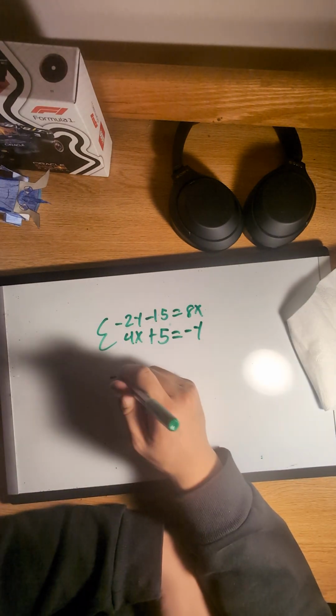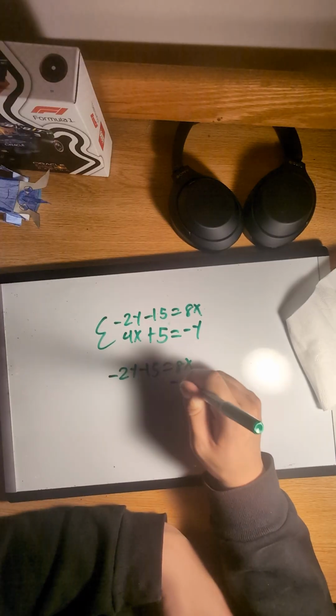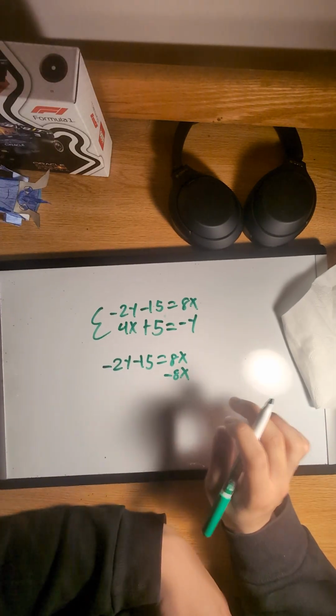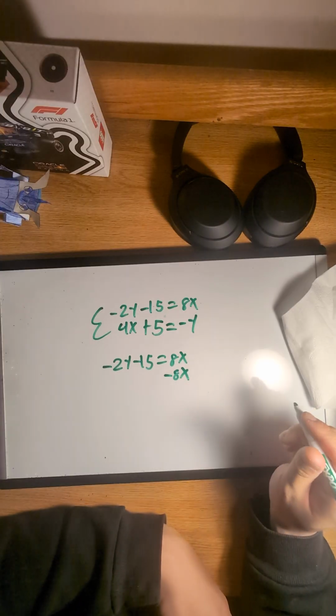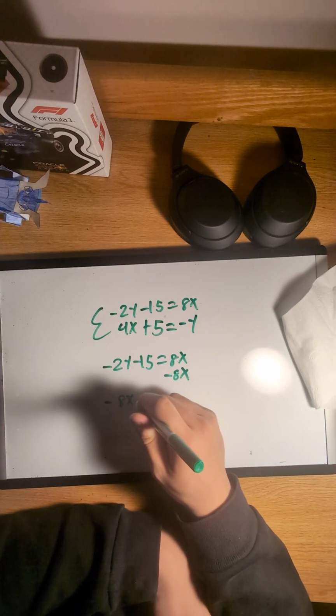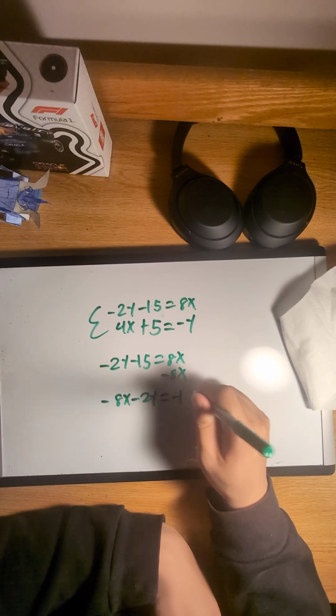Subtracting 8x from both sides gives us negative 8x minus 2y equals negative 15.